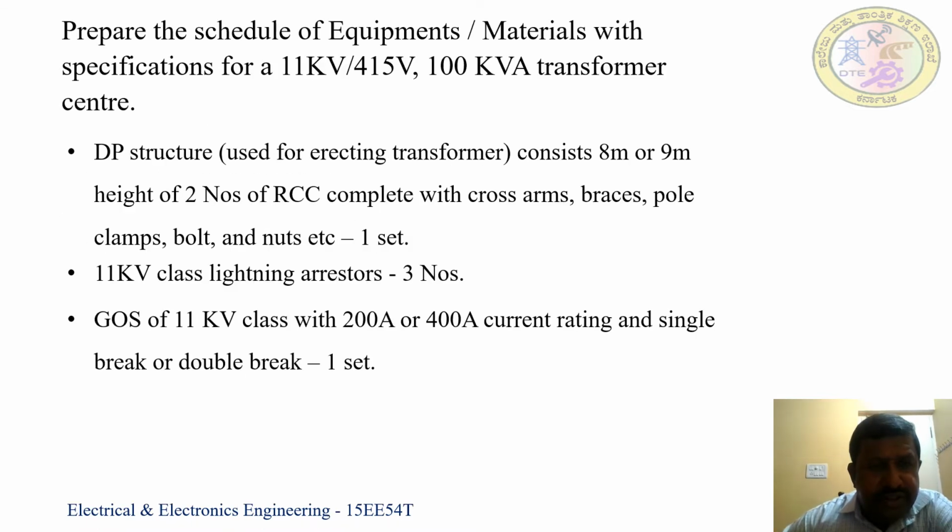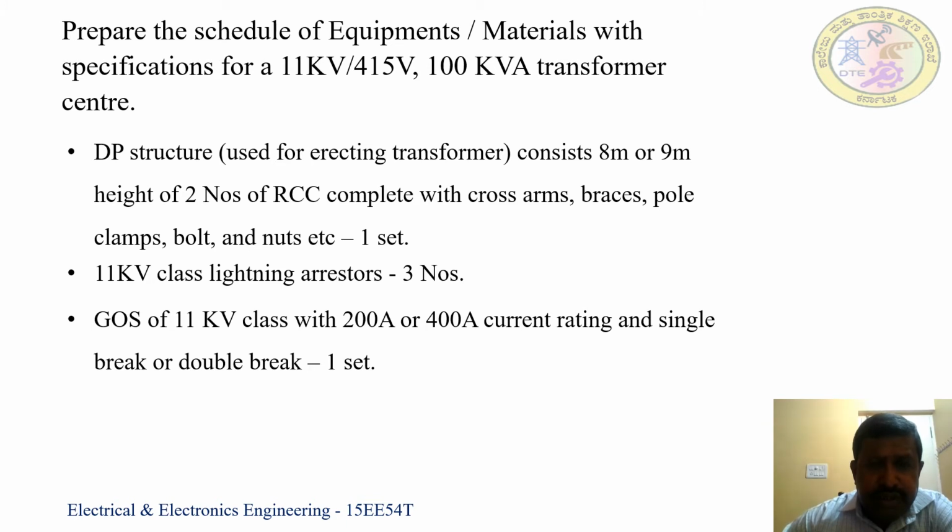Let us consider this problem. Prepare the schedule of equipments or materials with specifications for a 11 kV to 415 volts 100 kVA transformer center. First one, the DP structure, double pole structure. It is the structure upon which the transformer is going to be mounted. The height of the poles is 8 meter or 9 meter.